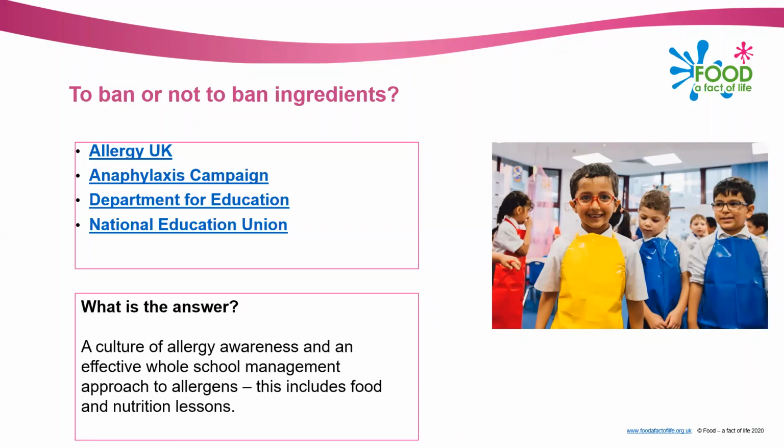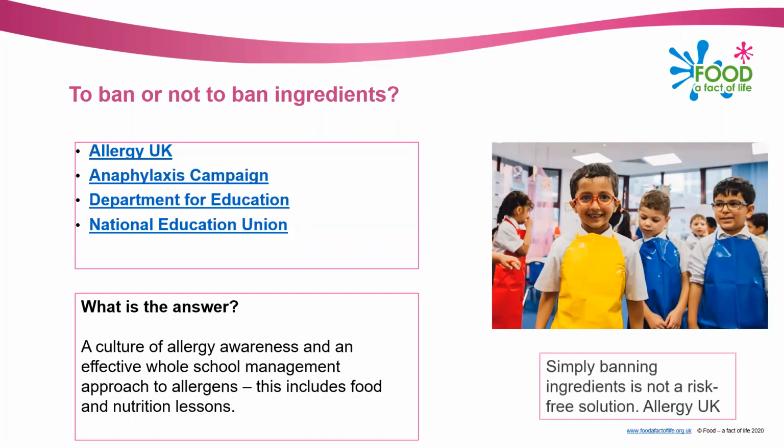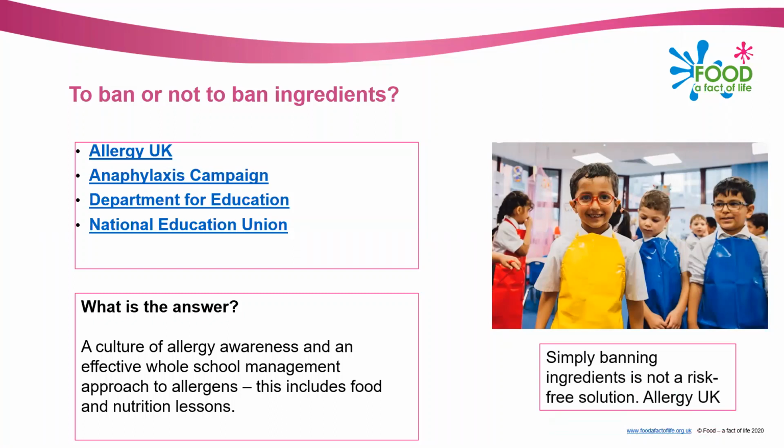So the answer really, rather than to ban or not to ban, as far as all of the organisations are concerned, is to develop a culture of allergy awareness and an effective whole school management approach to allergens. And obviously this includes food and nutrition lessons. Allergy UK's guidance states that simply banning ingredients is not a risk-free solution.